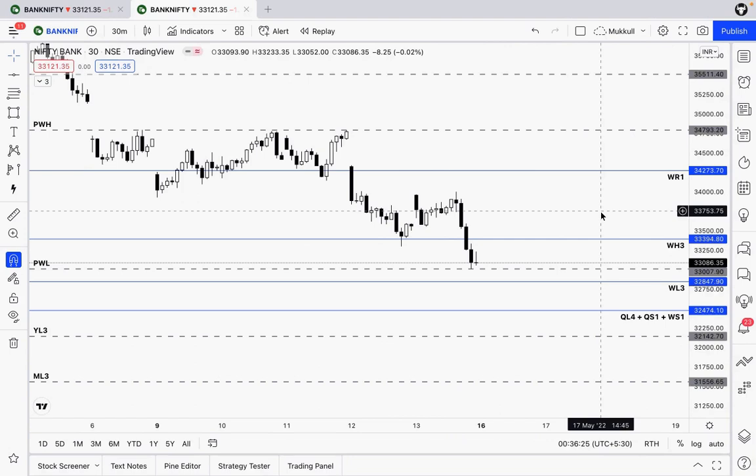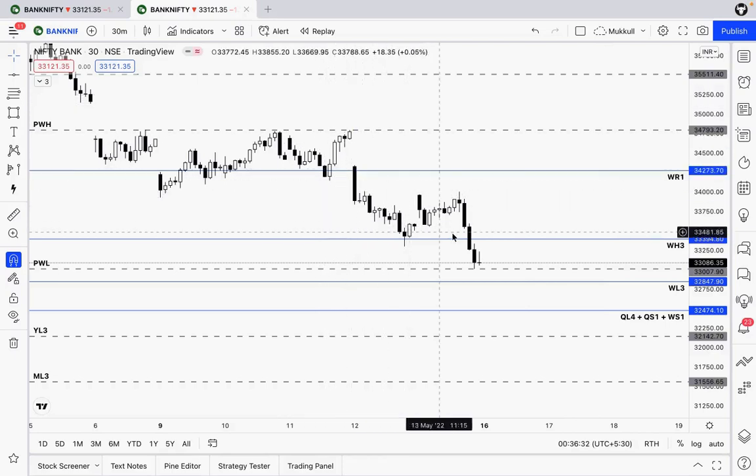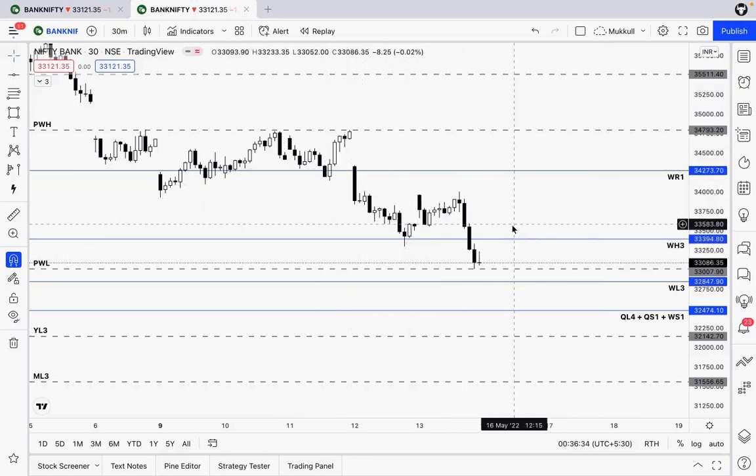Okay, and remember, I have kept this thing very, very basic. Until now, I have not even included the money zones or other time frame key levels. I have just kept it very, very simple so that everyone can understand and adapt to pivots, be stress free while trading, and be psychologically fit.